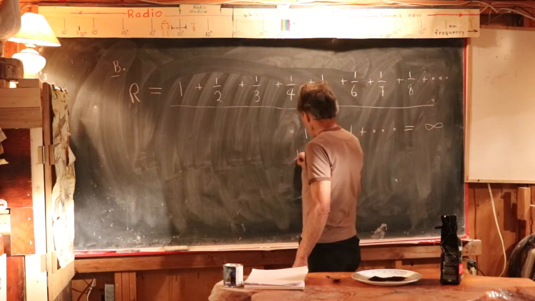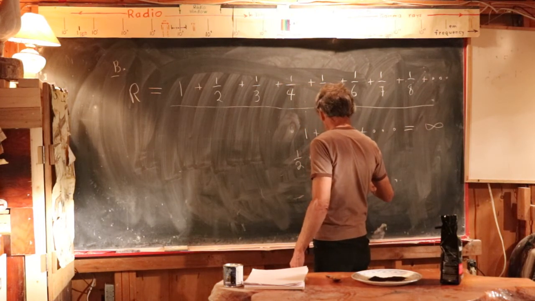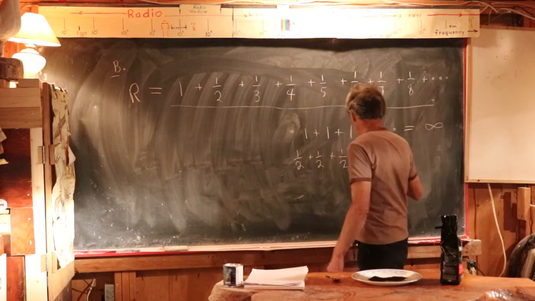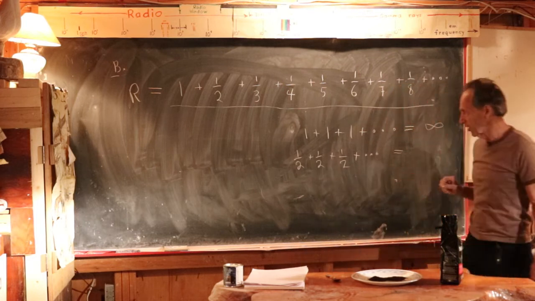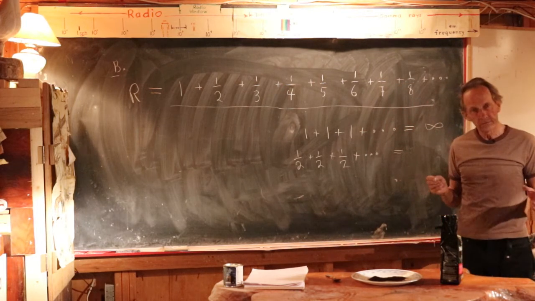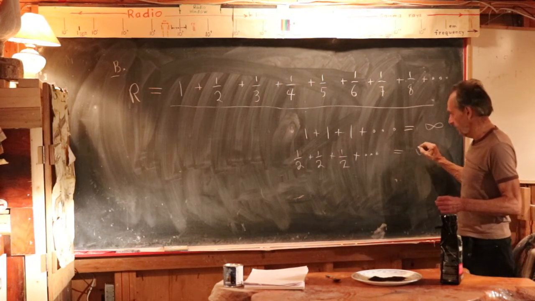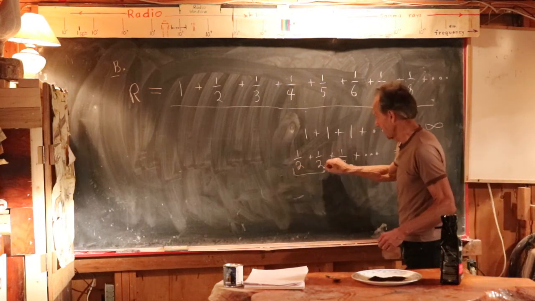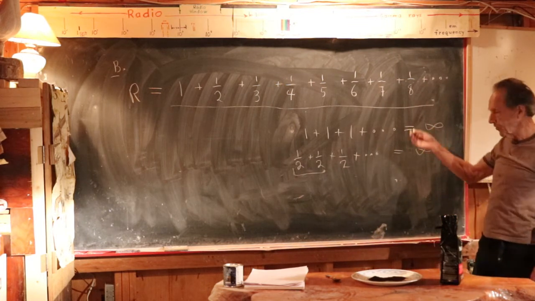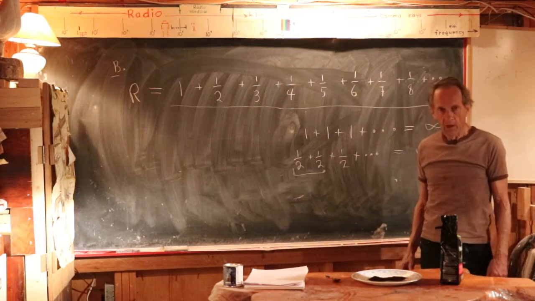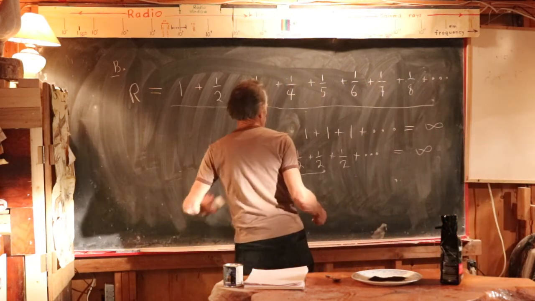Okay, what about 1/2 plus 1/2 plus 1/2 plus and so on, never stop? What would that equal? Mull it over. I hope you think it's also infinity. It is also infinity because I could group them like this. That's 1 and that's 1, keep on, same as the above. So they're both infinite. And that's what I want to do with our sum R, our infinite series R.